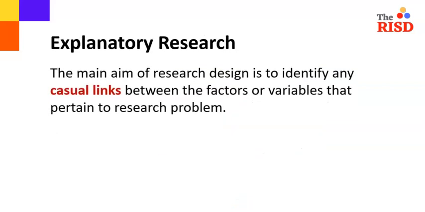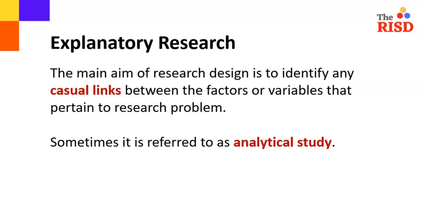Explanatory research. This research focuses on causal links between factors and variables that pertain to the research problem. Sometimes we call it an analytical study, where there are indicators, variables, and paths coming from a variable.